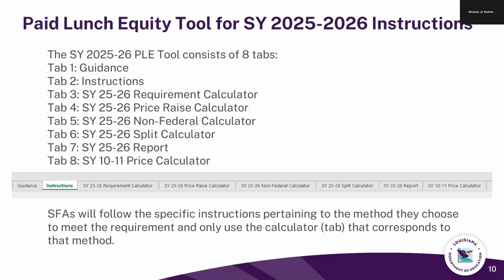You will follow the specific instructions pertaining to the method that you choose to meet the requirement, and only use the calculator tabs that correspond with that method. We're going to go over each method in detail.